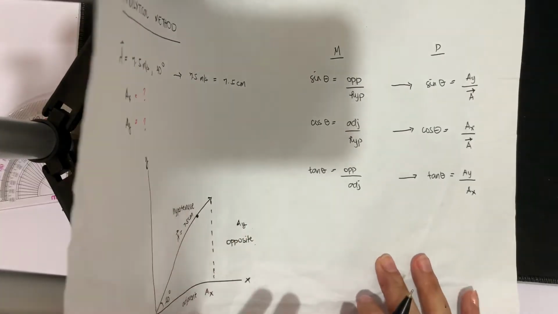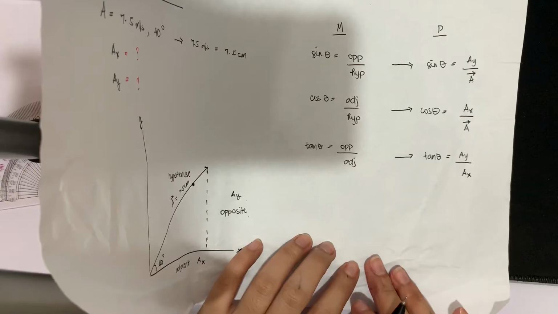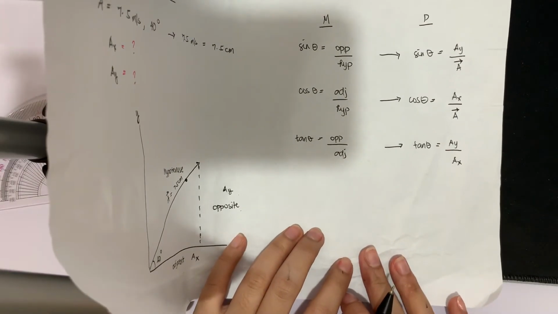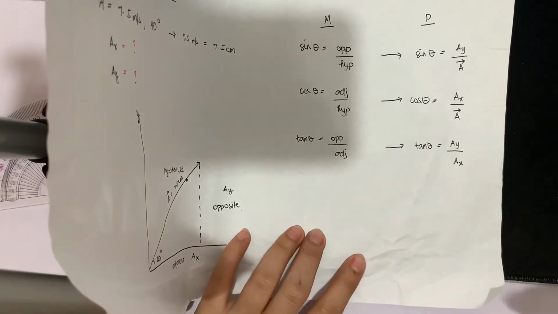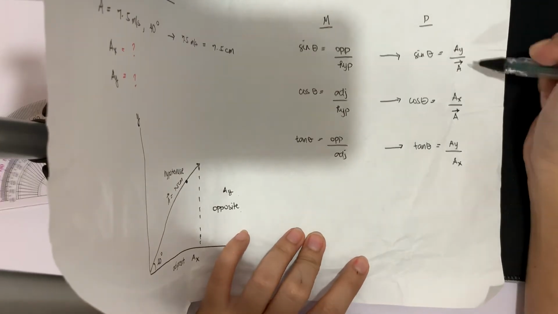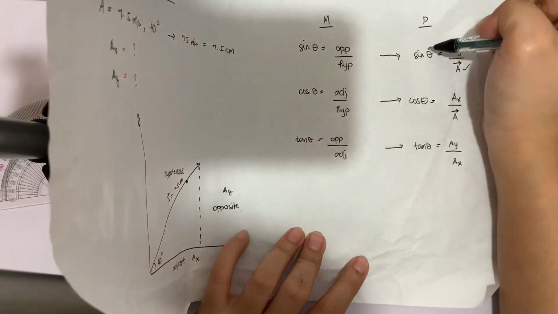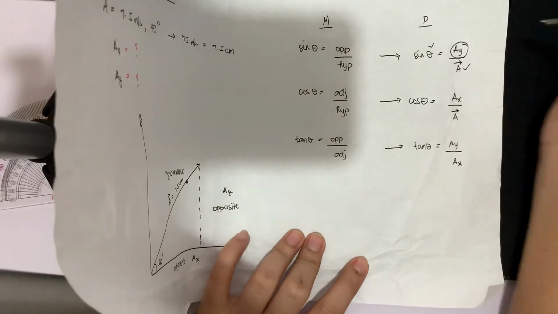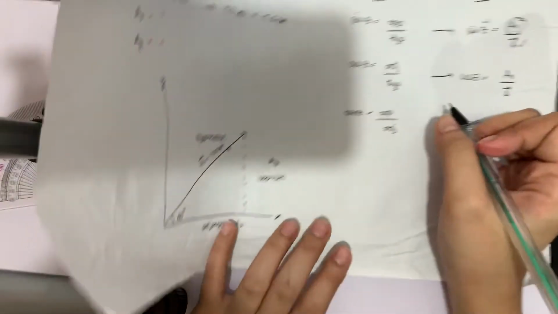To solve for a sub y, what do you think is the best formula? Our given is the angle and vector A, so this is the best formula to solve for ay.